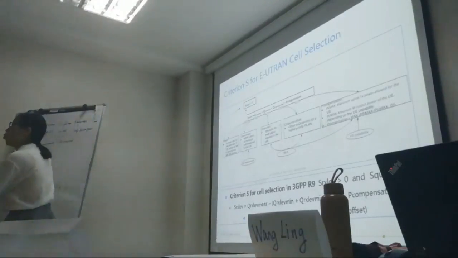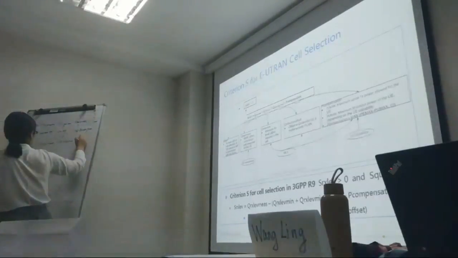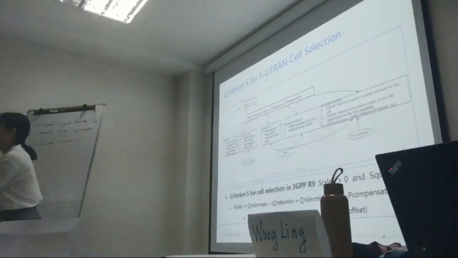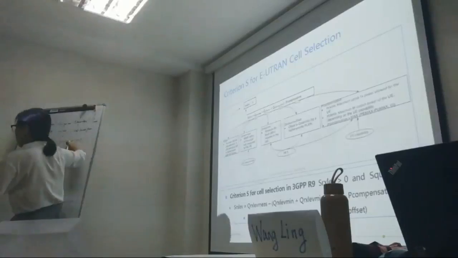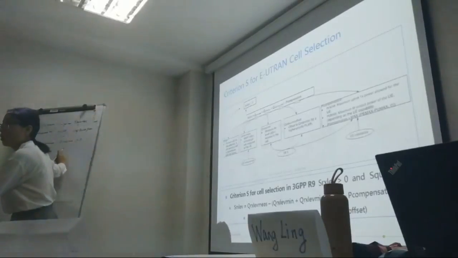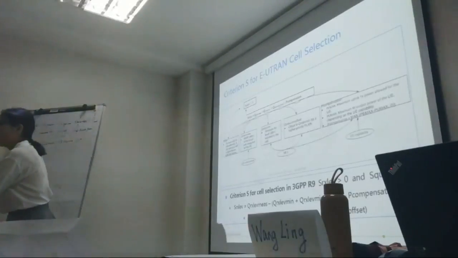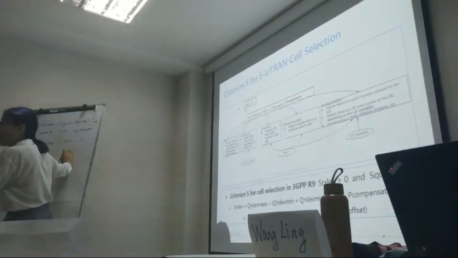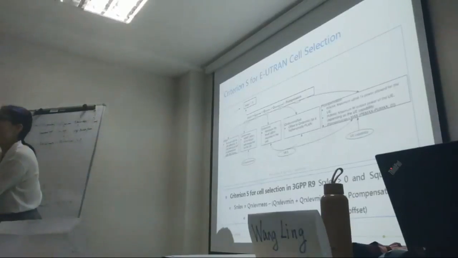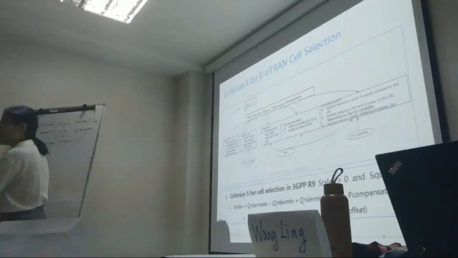If this value is greater than 0, we can select the cell. All the reselection cells should first meet the cell selection criteria. If it cannot meet the cell selection, even if it meets the cell reselection, we cannot reselect it. So this is the basic.